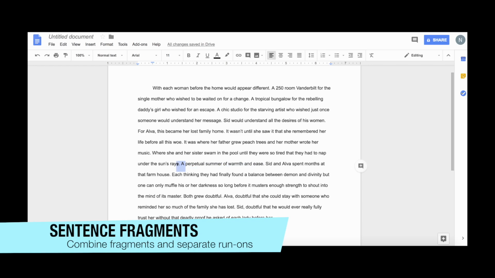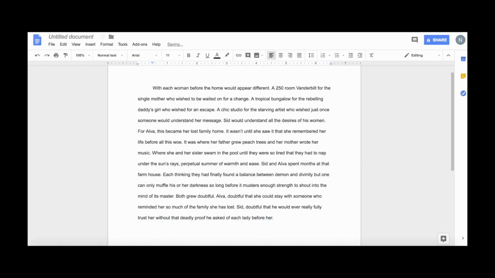So here we can combine these two sentences by including some sort of sentence conjunction. So a comma would work here, so would a semicolon. So we're going to use a comma here. So we'll say, comma, a perpetual summer of warmth and ease. So now this turns into, where she and her sister swam in the pool until they were so tired that they had to nap under the sun's rays, a perpetual summer of warmth and ease.